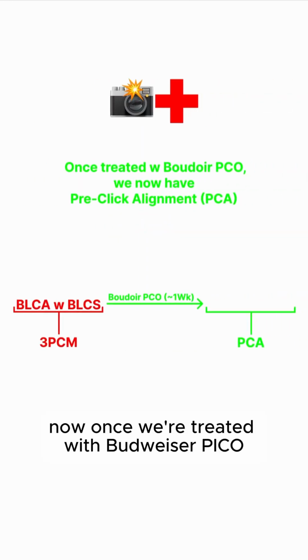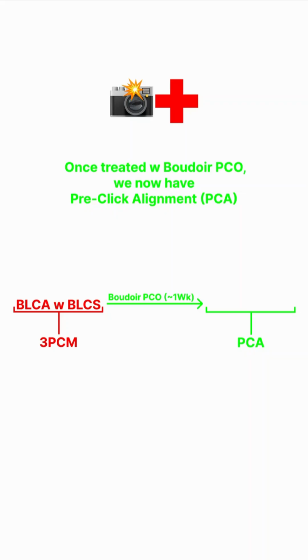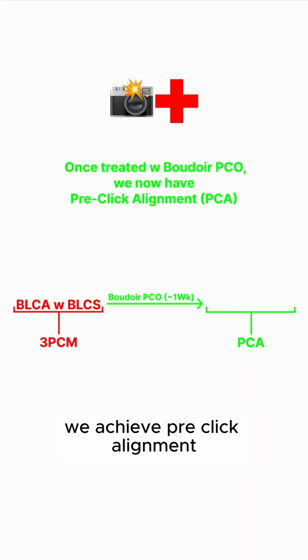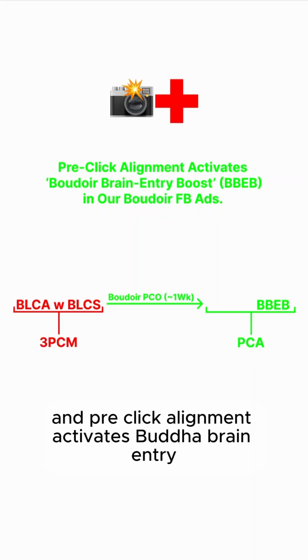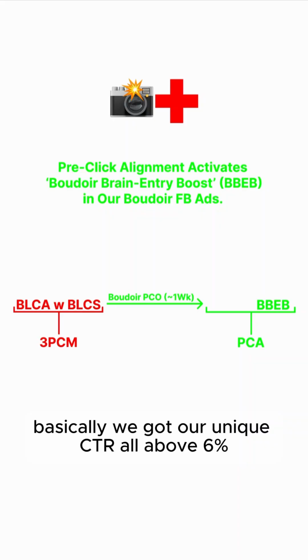Once treated with Boudoir Pico, we now have pre-click alignment, PCA. We got rid of the 3 pre-click mistakes. We achieve pre-click alignment, and pre-click alignment activates Boudoir brain entry boost in our Boudoir Facebook ads. Basically, we got our unique CTR above 6%.